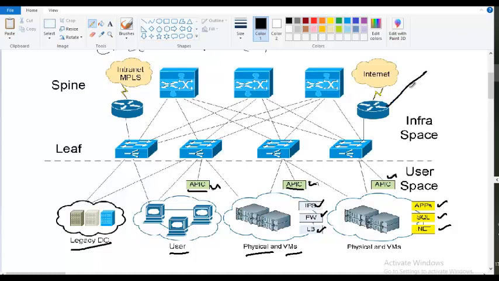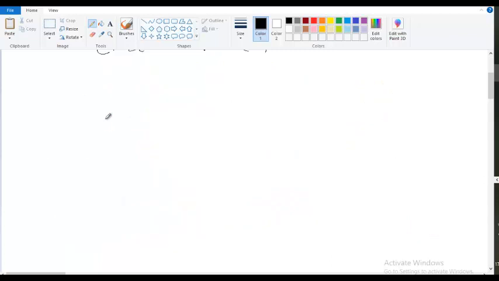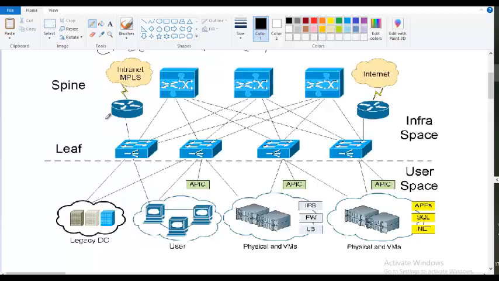If anyone wants to have a WAN connection through MPLS, they get routed this way. So you do not need to compromise on anything. Everything that you used to have in a classical data center, you have it here. But the big difference is you're abiding by the framework of leaf and spine.